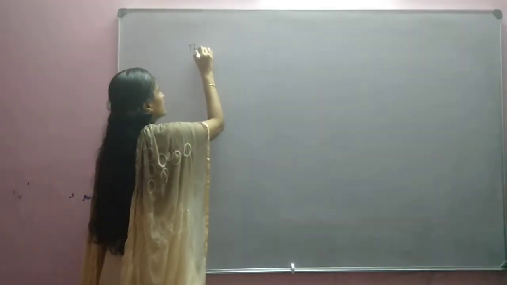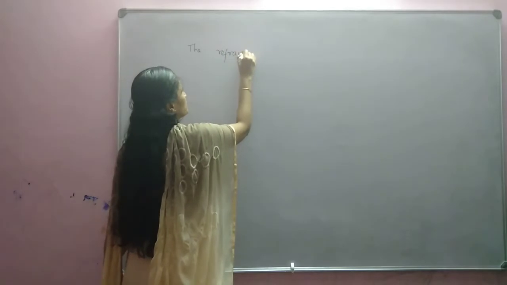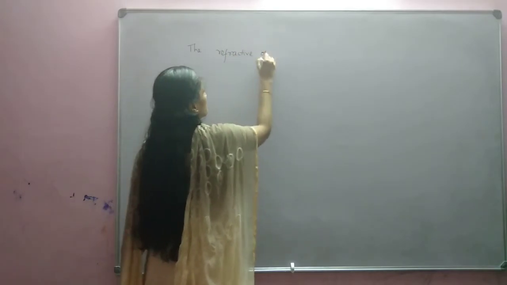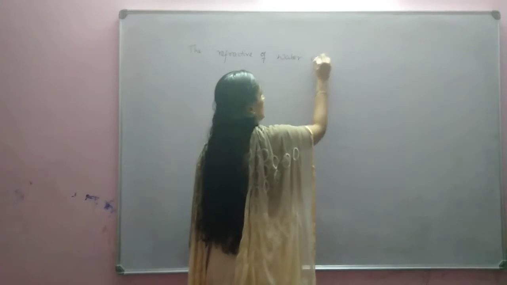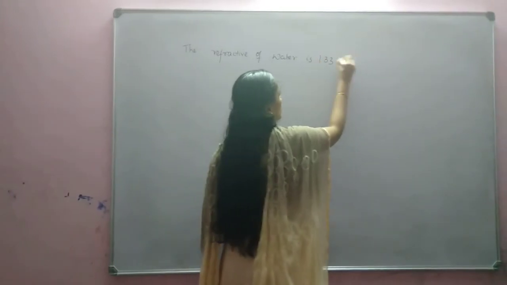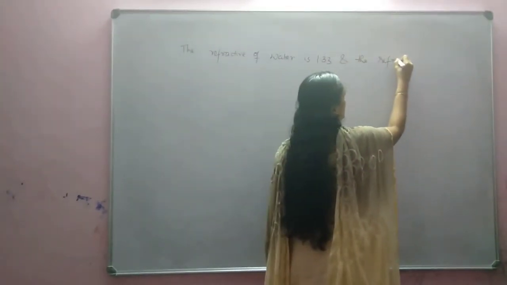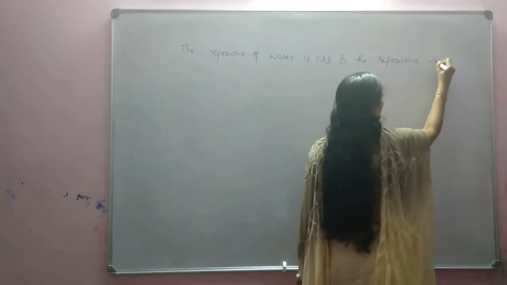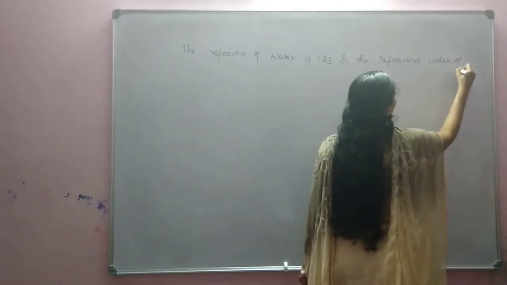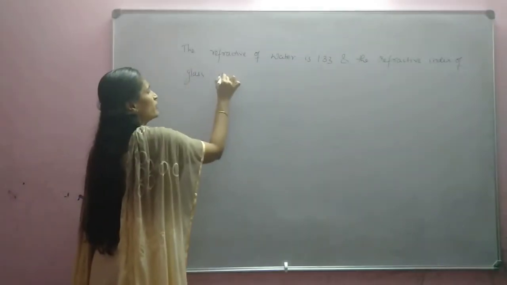The refractive index of water is 1.33 and the refractive index of glass is 1.5.